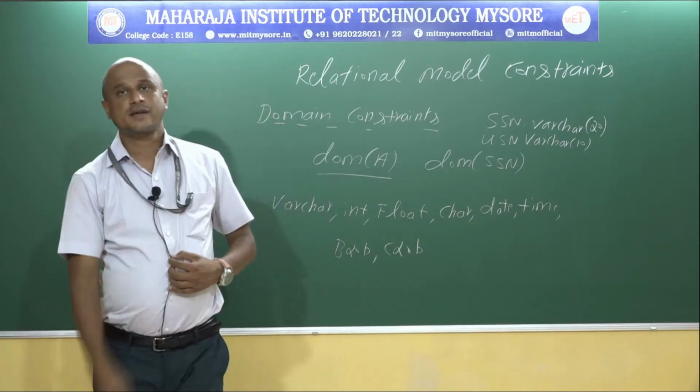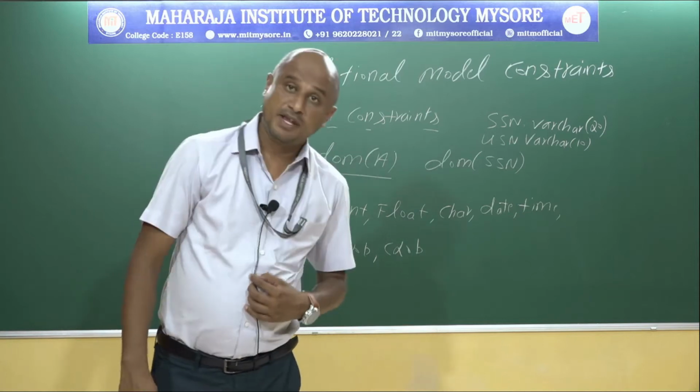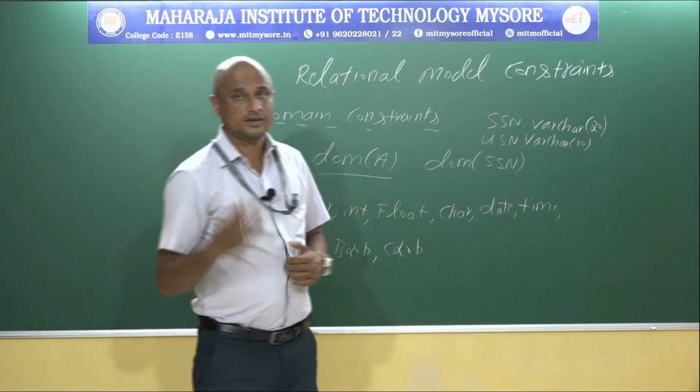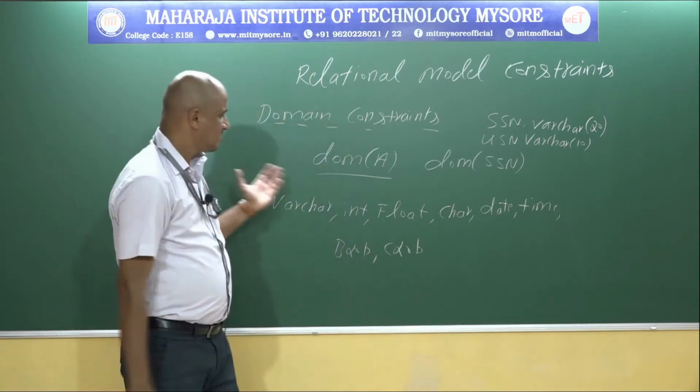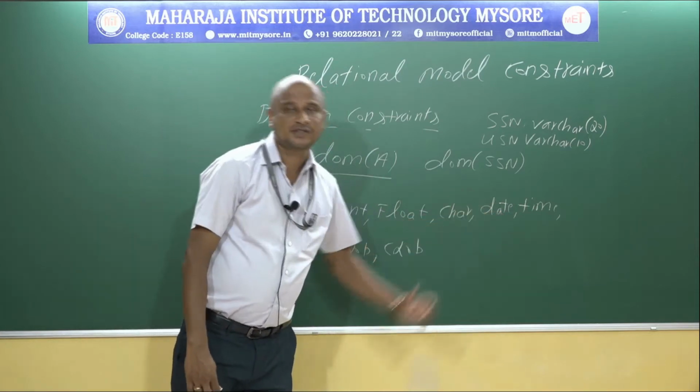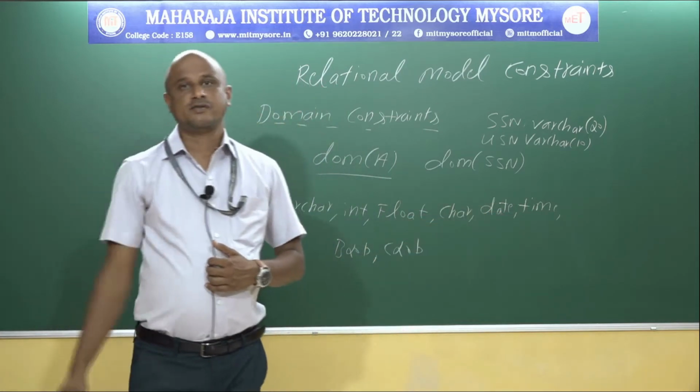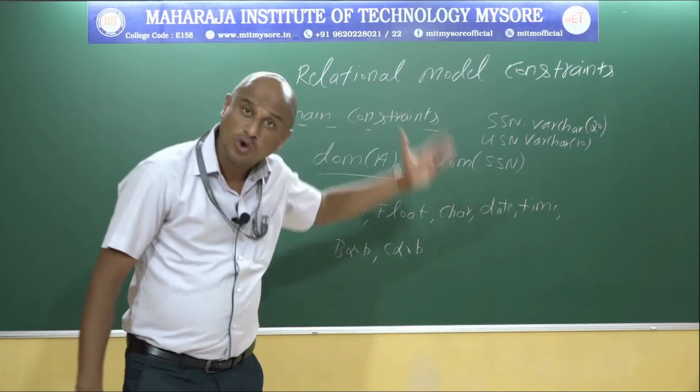Okay, so most of the time in the lab, or in the DBMS lab, to define any data types or attributes, we use these data types of a DBMS through domain constraints.